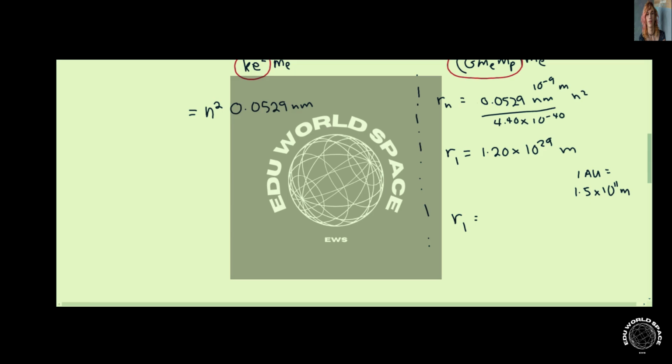We still get a lot of astronomical units. So the Bohr orbit for the first energy level would extend way far out in space. I'm pretty sure that's maybe even larger than the universe, but I would have to do a little more calculation with light years to figure that out.